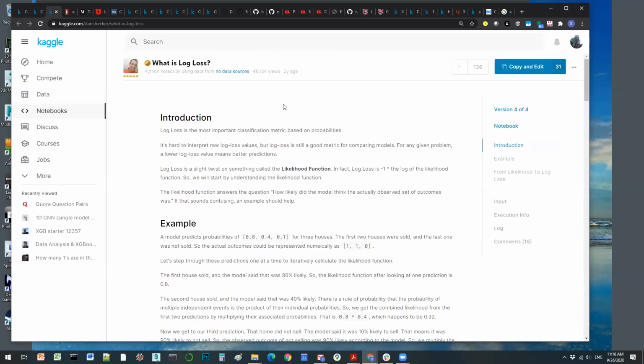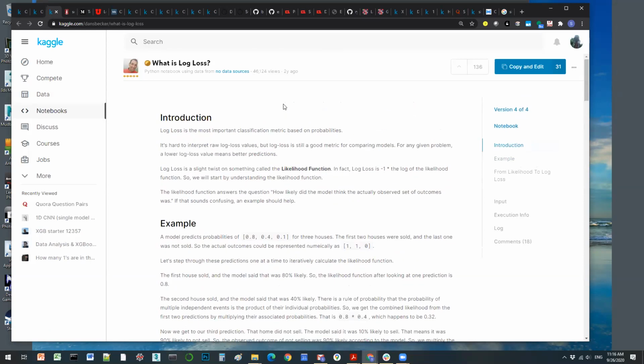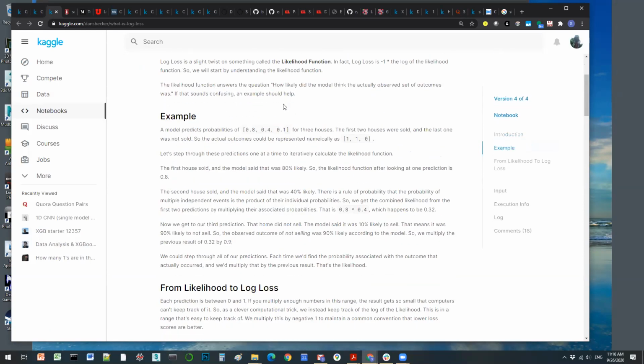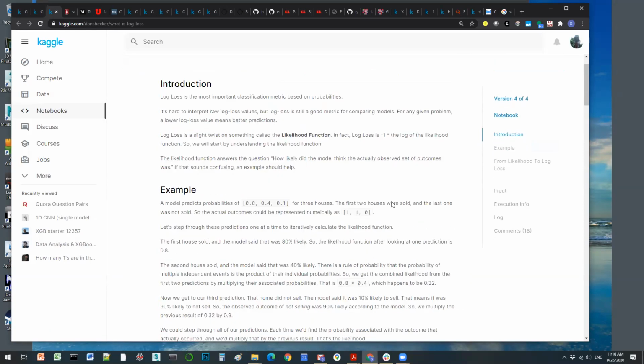As I said, I'll post the links that I'm referring to here once we are done. Many of you are probably familiar with log loss already, but it explains the concept of how you get to the log loss: ultimately you're estimating the likelihood function, and from that calculating the log loss, which is just -1 times the log of the likelihood function.